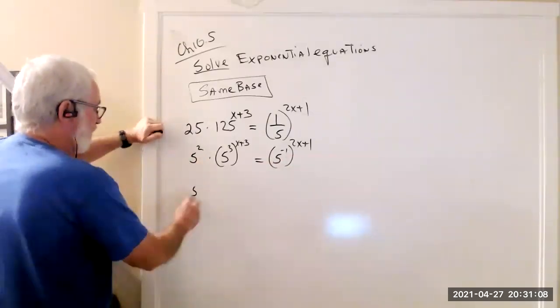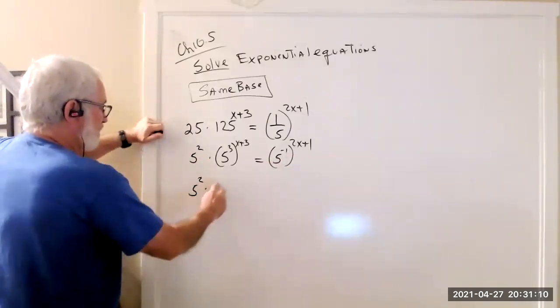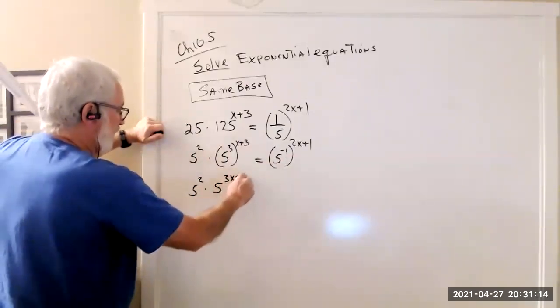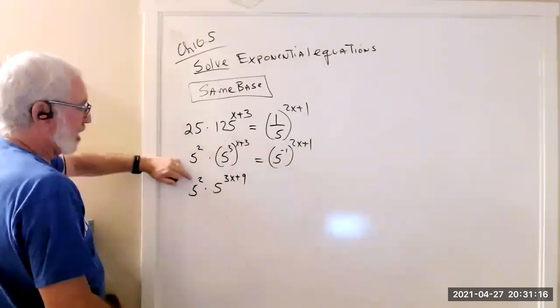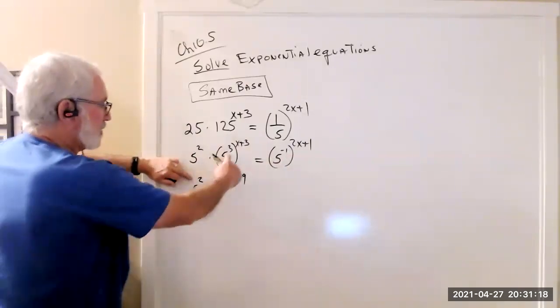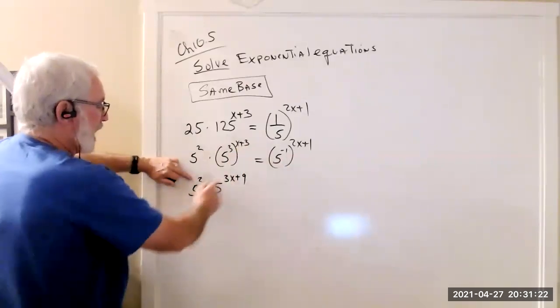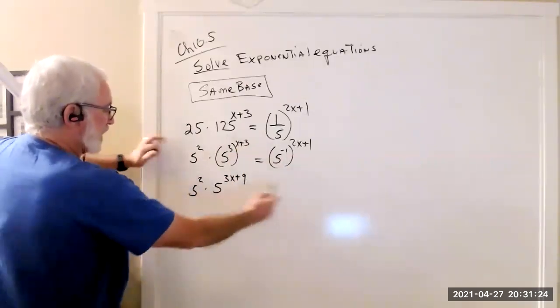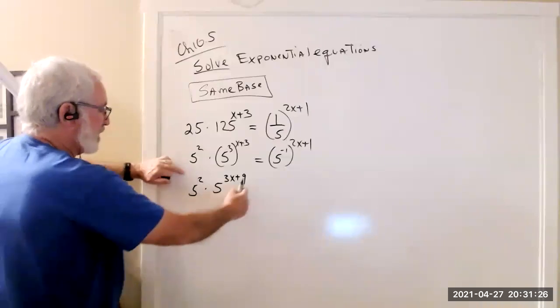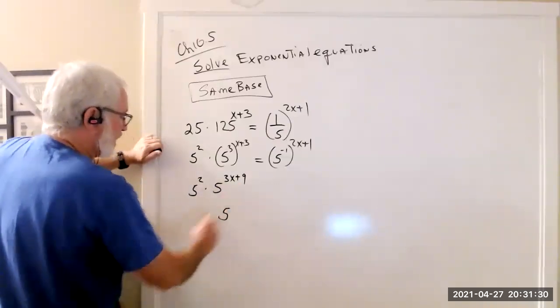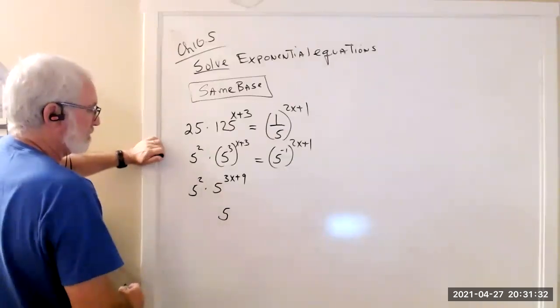So this is 5 to the second times 5 to the 3x plus 9. Okay, because remember, power raised to a power, you multiply. Well, how do you do these two bases? How do I shove 5 to the second and 5 to the 3x plus 9 together? What do they become? 5 to the what?